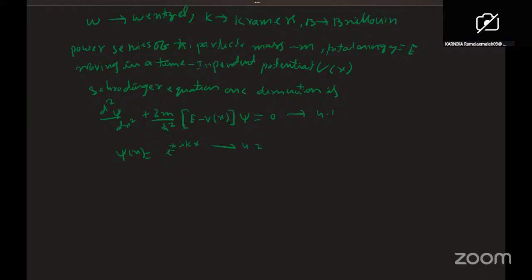That is 4.2. Here k is equal to the square root of 2m by h-bar square into E minus V of x. This is equation 4.3.